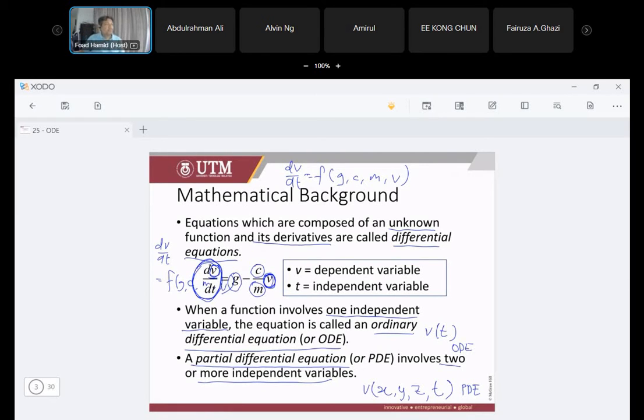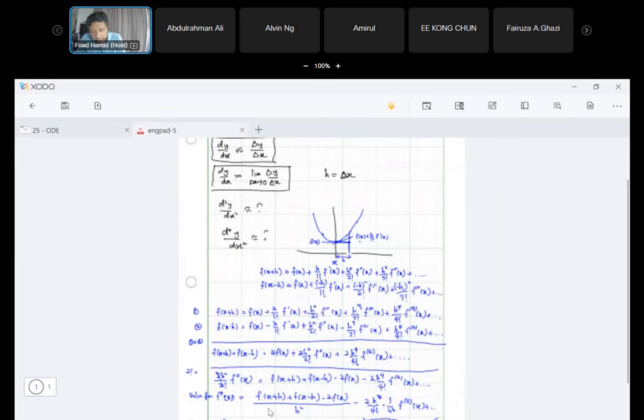These are basically identifications. It's just a definition of what an ODE is.